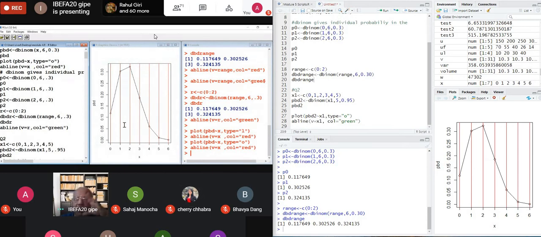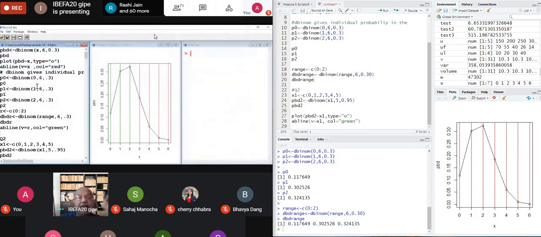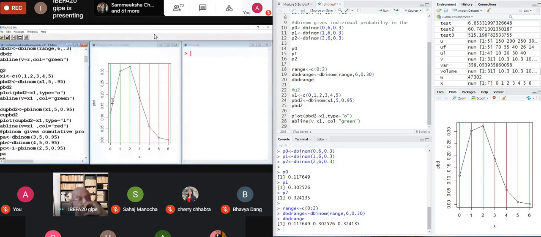Yes, sir. Any doubt? No, sir. Okay, so let us go for the next question, and slowly we will change as per the question how to work. In question number 2, it is given 5 independent drills. They are perfect, or they all are not perfect.